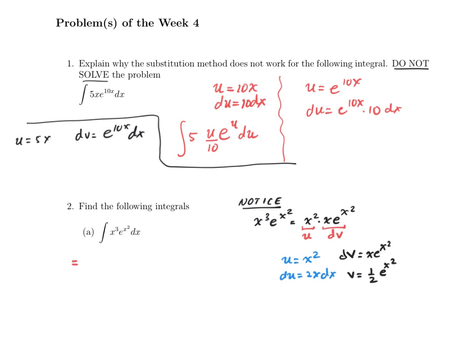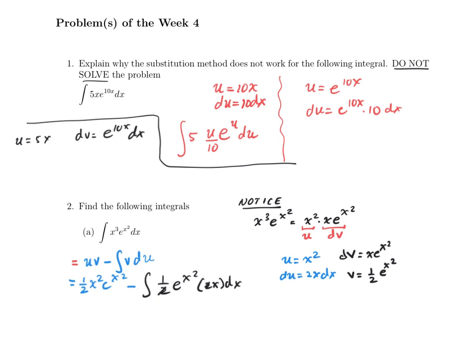Okay, so now remember the integration by parts formula is the following. This should be u times v minus the integral of v du. So in this case, uv will give you 1/2 x squared e to the x squared, minus the integral of v, which is 1/2 e to the x squared, and then du is 2x dx.